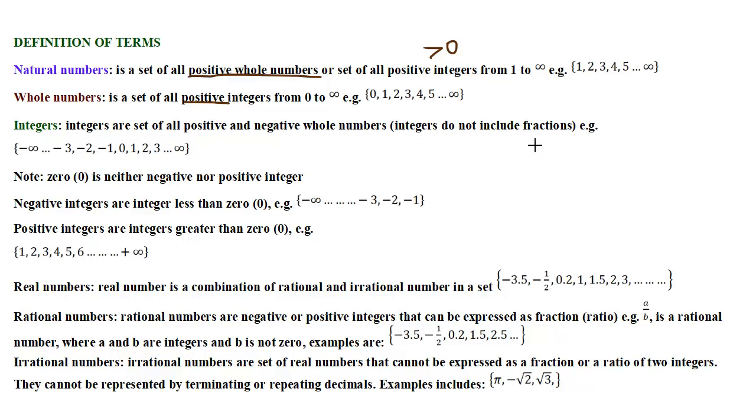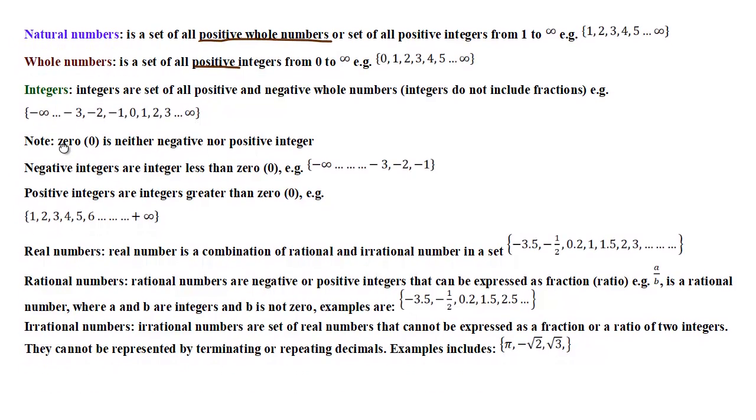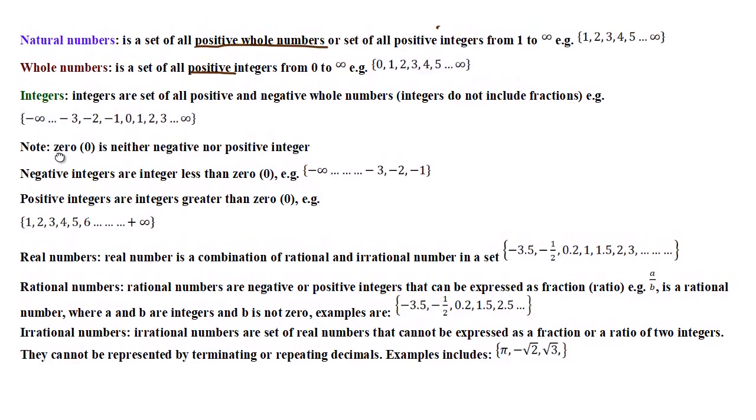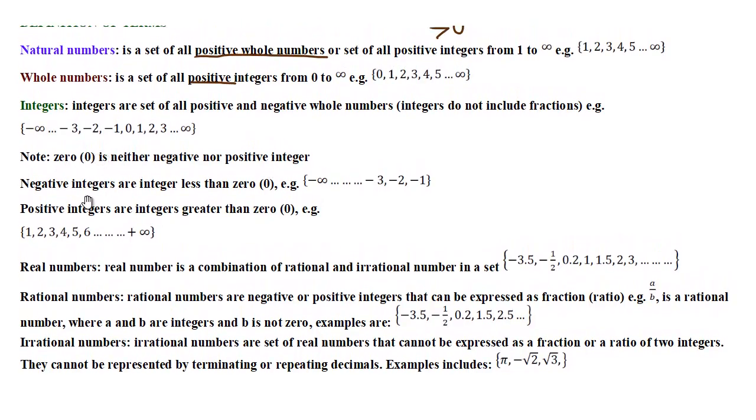The reason they don't include fractions is because they are whole numbers, so they can be expressed in terms of ratio. And I said 0 is neither a negative nor a positive integer. I'll quickly explain that. Negative integers are integers that are less than 0.